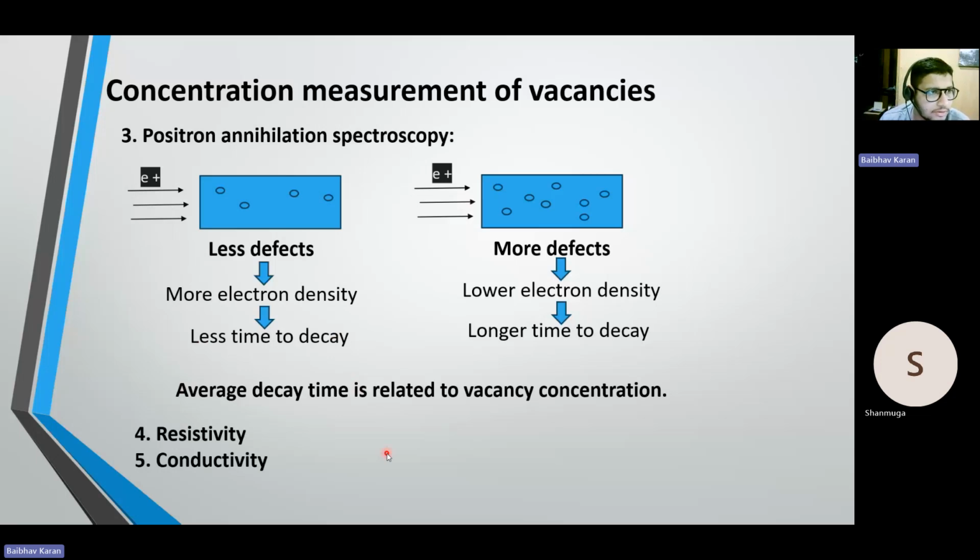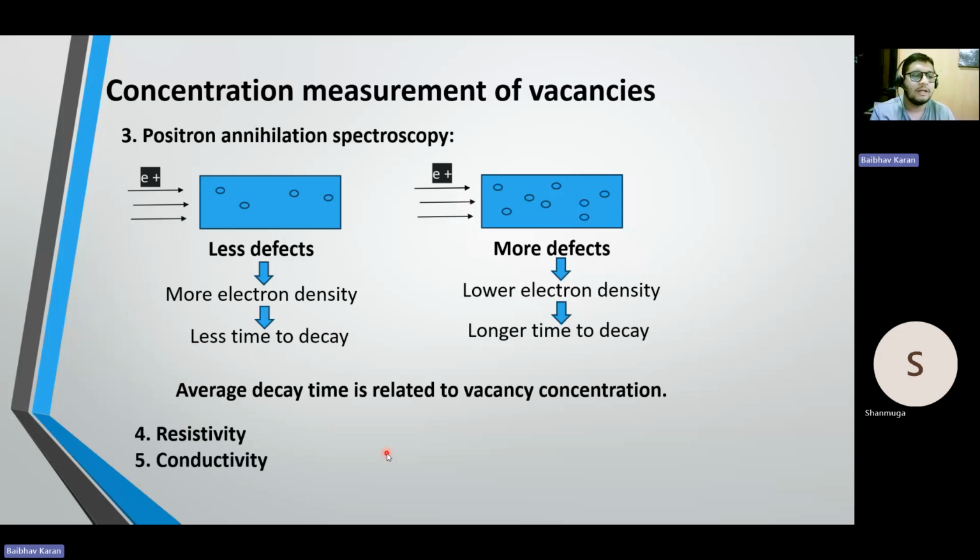These are not the only methods. There are some other methods also to determine the concentration of vacancies in a material. Those are resistivity. Resistivity, as you all know, is a material property that offers resistance to the flow of electricity and the flow of thermal energy.